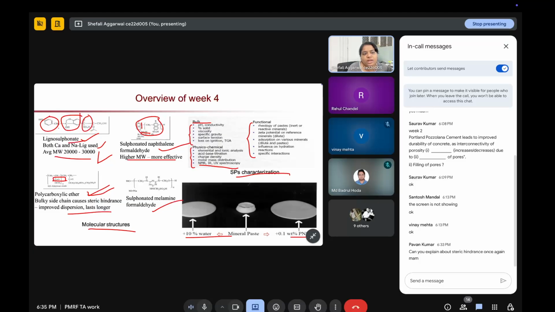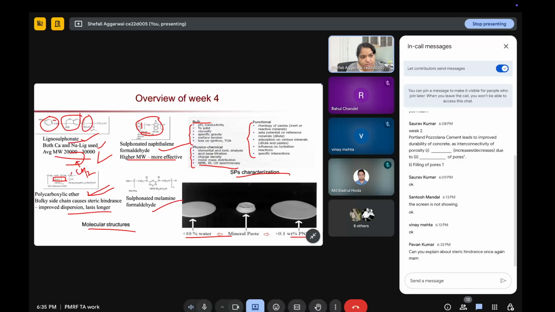In this case you will have a benzene ring which is difficult to break. It will have a charge, which will react with the cement charge. It will charge your cement particles, causing electrostatic repulsion. However, in this case, as we say it is a linear chain, the CH2 bond will break, and it will adsorb onto your cement particle.